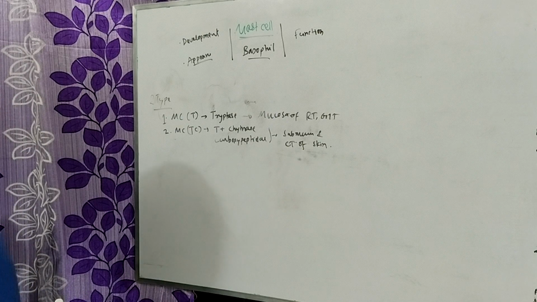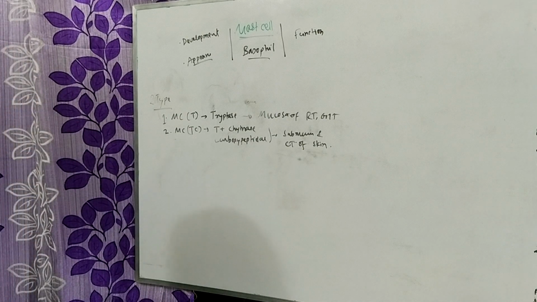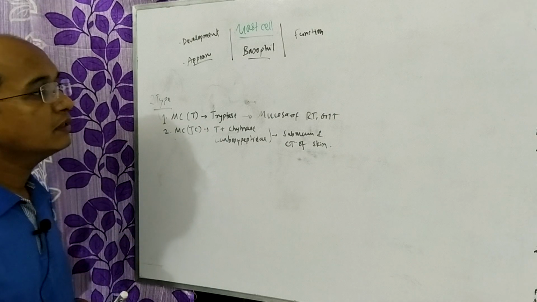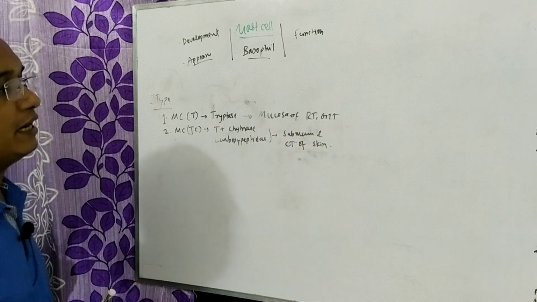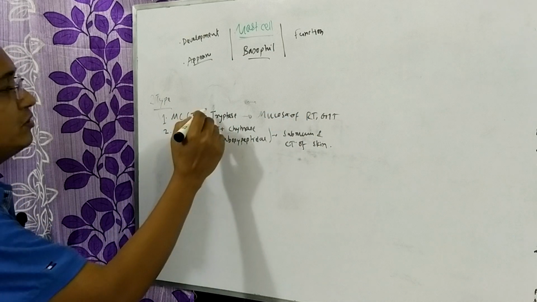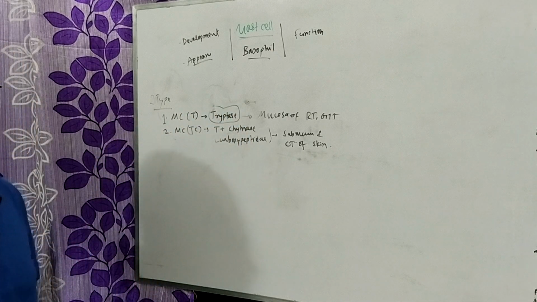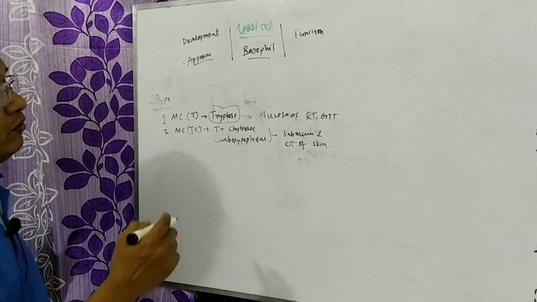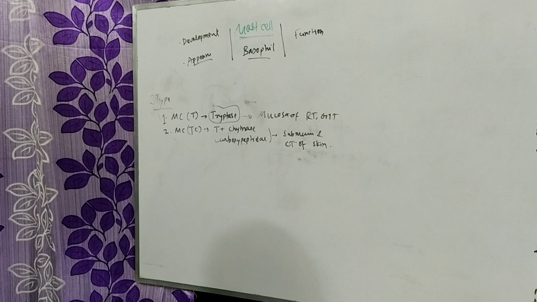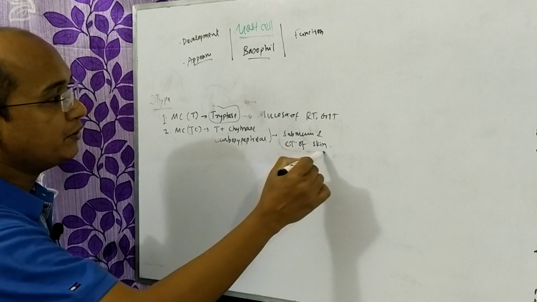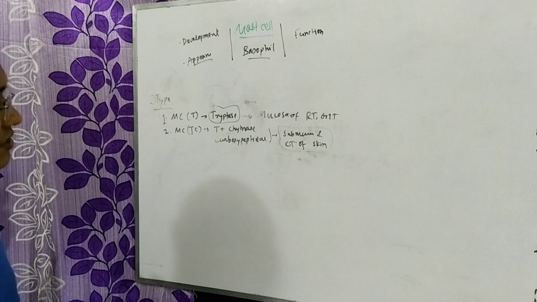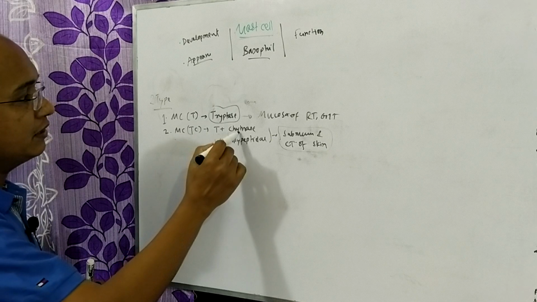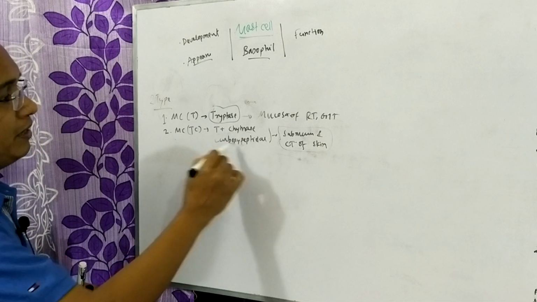So if any pathological problem relating to mast cell occurs in the respiratory tract or GI tract, then tryptase will take part in the pathogenesis. And when there is any problem in the submucosa or connective tissue of the skin, that is, skin disease relating to mast cell problem, then tryptase, chymase and carboxypeptidase will take part.